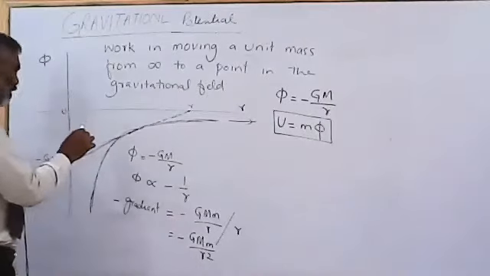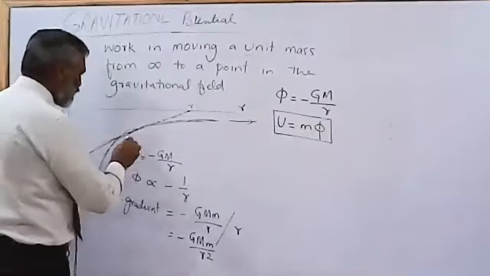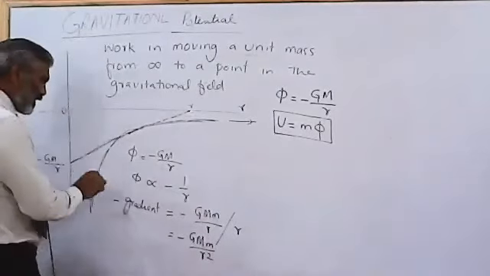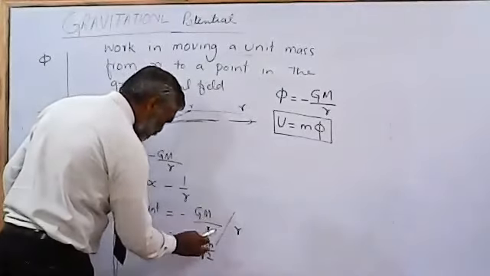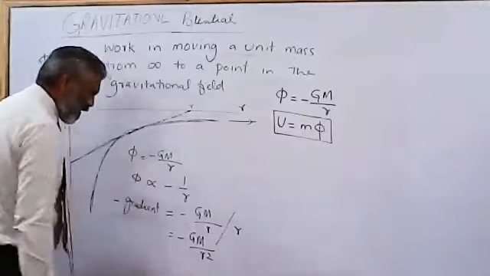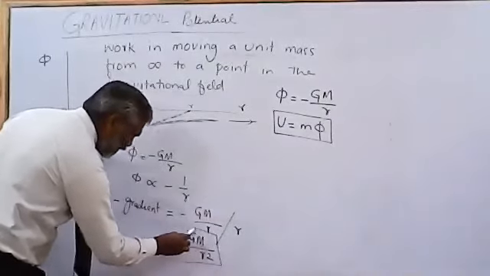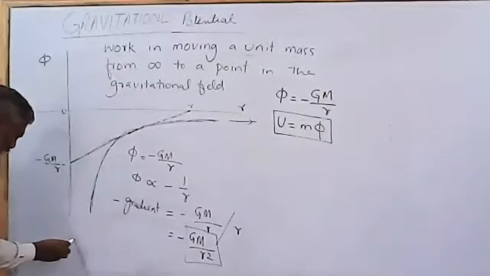And the last thing is, what is the gradient at any point when we are plotting gravitational potential with r. So if at this point I make the tangent and take its gradient, it gives me this expression with no small mass, and this is a familiar expression for the gravitational field.